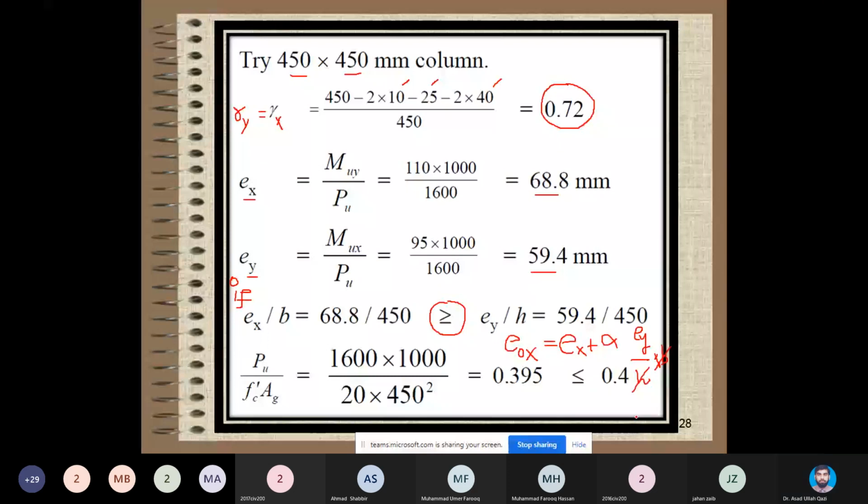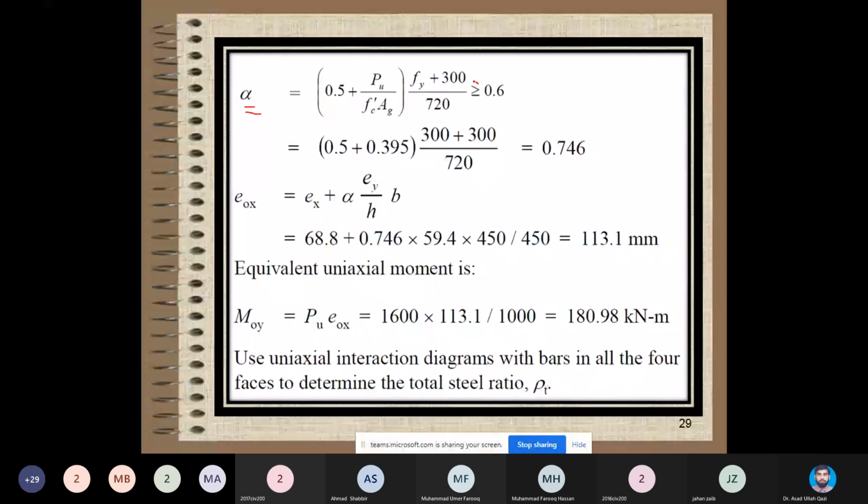Now for alpha, there was a recommendation to calculate PU over the gross capacity of the column considering concrete only. If this is less than or at most equal to 0.4, which in our case is okay, our ratio is less than 0.4, then alpha will be based on this equation and the result should not be less than 0.6.